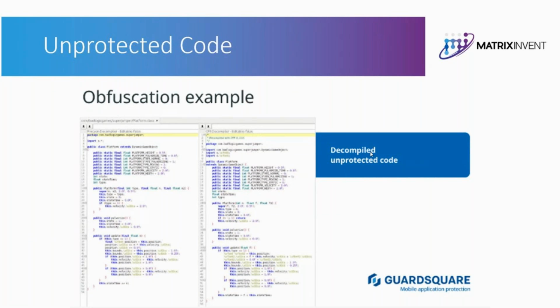For an application without obfuscation, the hacker can view the complete code of the application after decompiling it. So here, the left side is the original code of an application, and the right side is an example of what the hacker can view after decompiling it.